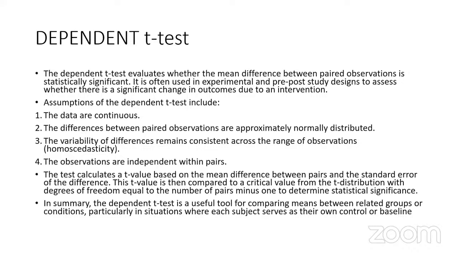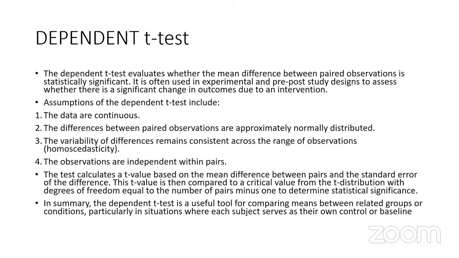Okay, thank you, Anthony. Yes, sir. So we have to keep in mind that in case of the dependent t-test, the data are continuous, because you have the dependent variable, which is metric in nature.